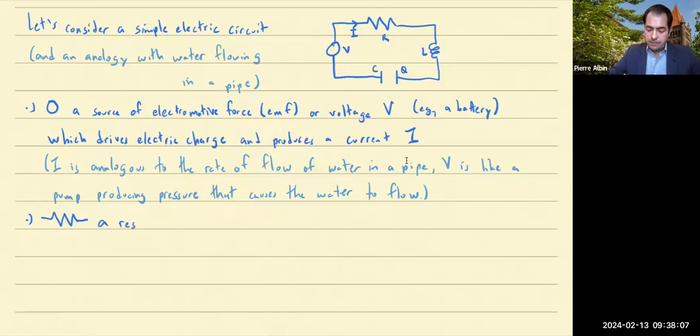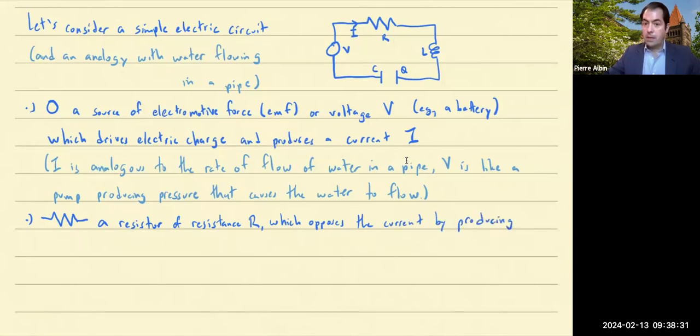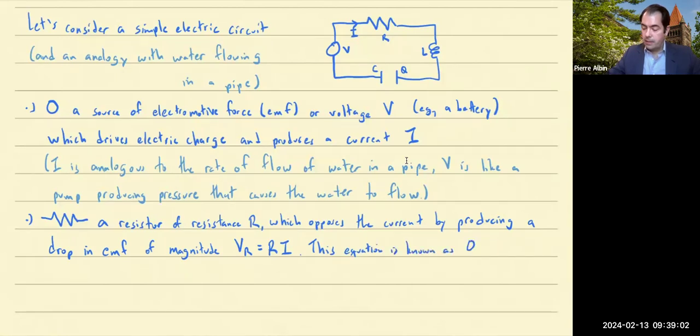So this is a resistor of resistance R, which opposes the current by producing a drop in EMF of magnitude V sub R, which is equal to R times I, with R some constant. This equation is known as Ohm's law.